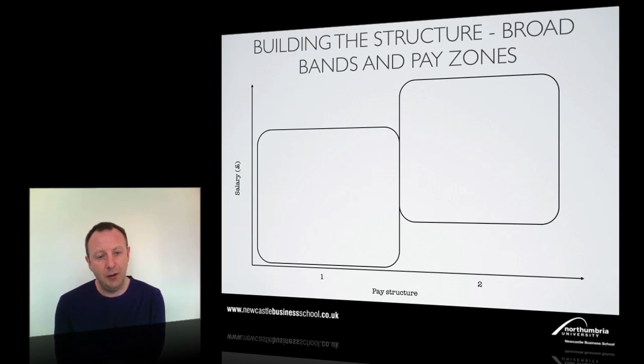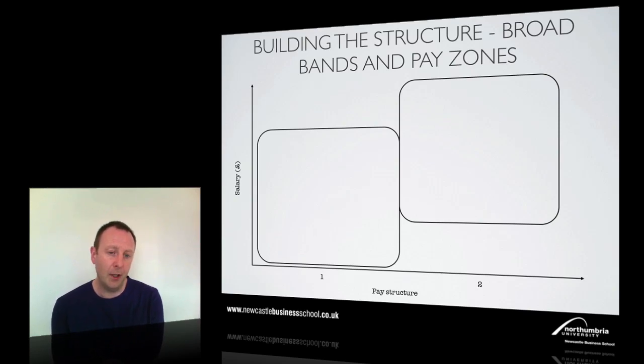Now, in doing this, you get rid of the divisions between employees within your structure and potentially increase the scope for cooperation between them. The difficulty of this, of course, comes in that not only have you increased the size of the grades, the width of the box, but you've also increased the pay ranges.